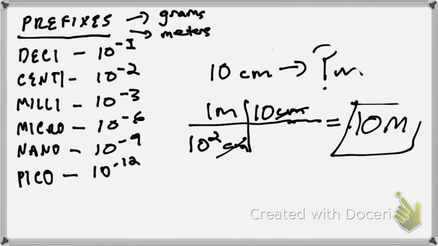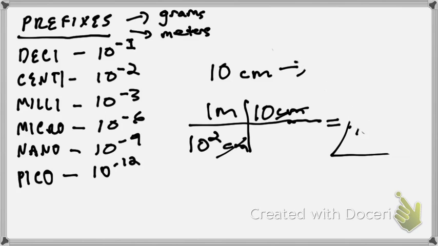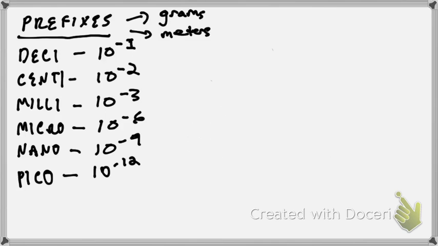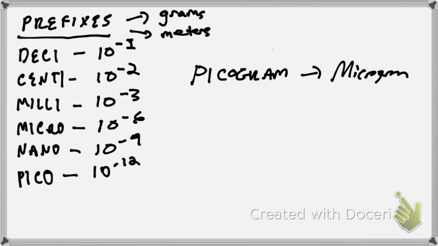Okay, so now let's look at another example. And this is our last example because, like I said, this is supposed to be supplemental, and it's not going to be as good a review as doing your own studying, but this is just here to help you out. So let's go ahead and do picogram to, I don't know, microgram. So how would I approach this?